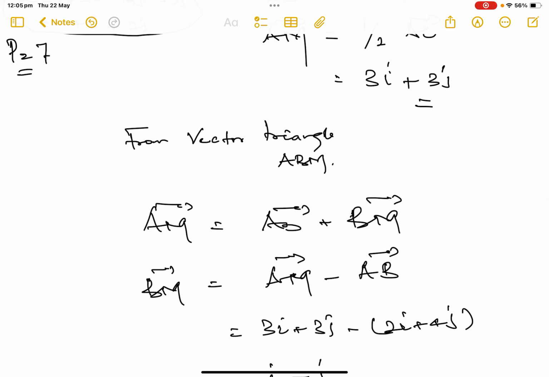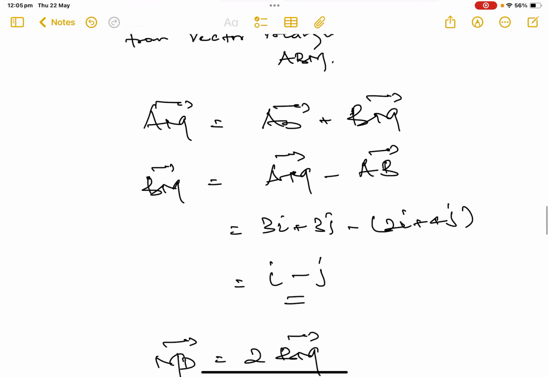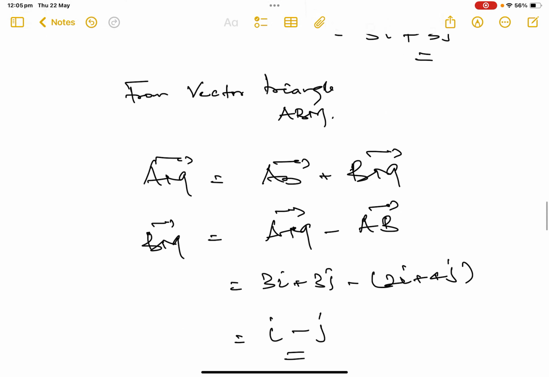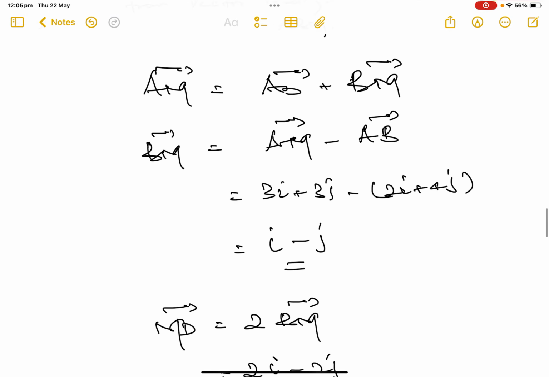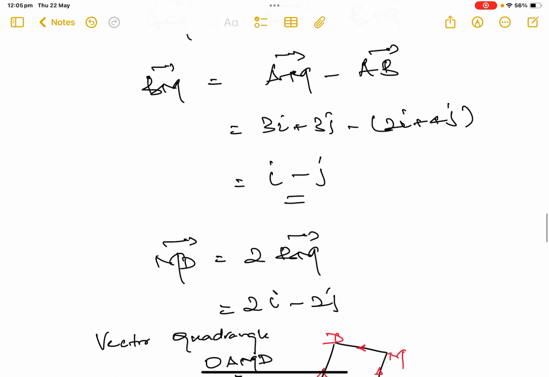So BM equals AM minus AB, which is 3i plus 3j minus 2i plus 4j from the first part. 3i minus 2i is i, 3j minus 4j is minus j. So BM is i minus j.